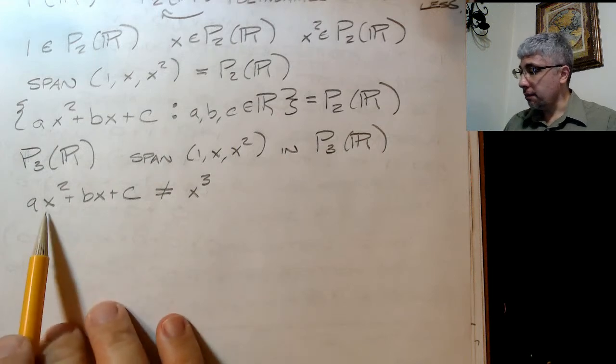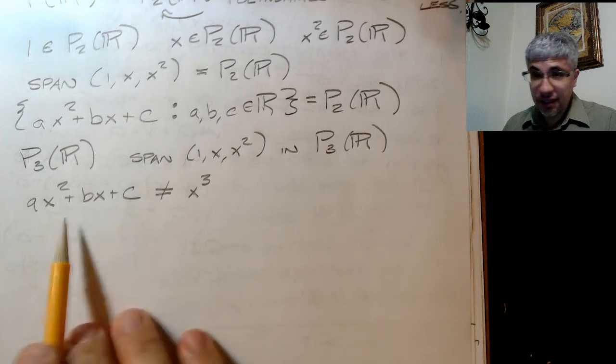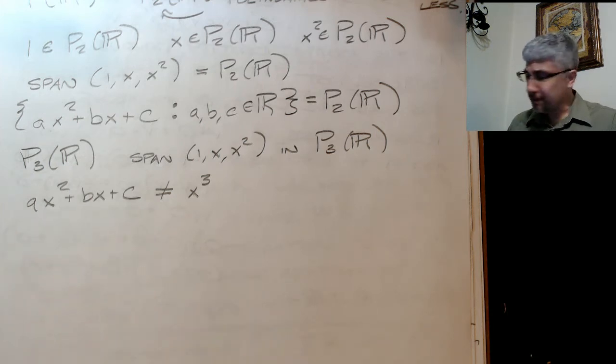Because we can't get an x cubed out of this, no matter how many things like this I add and scalar multiply, it would always be of this form.